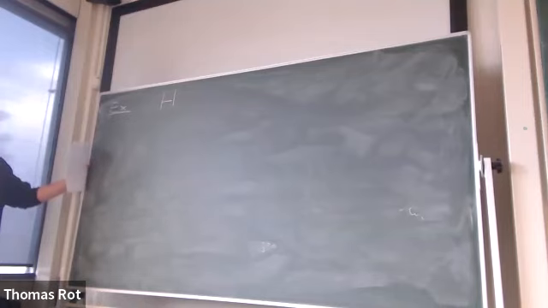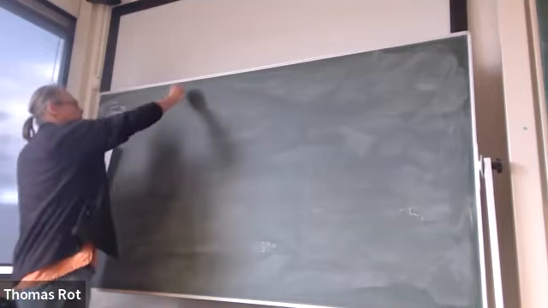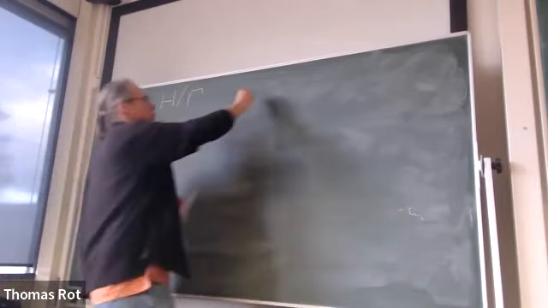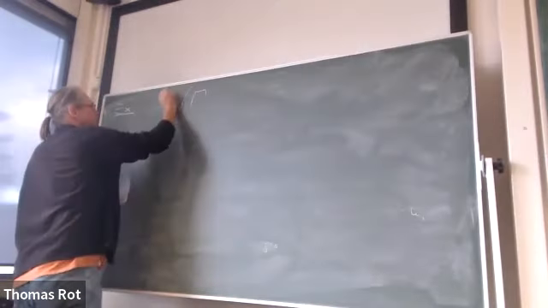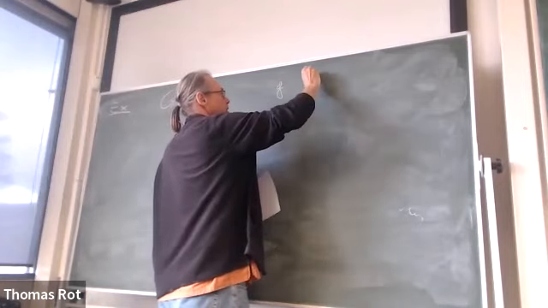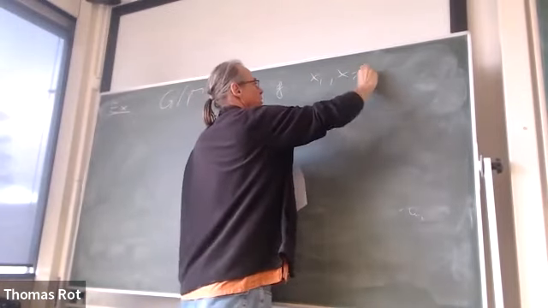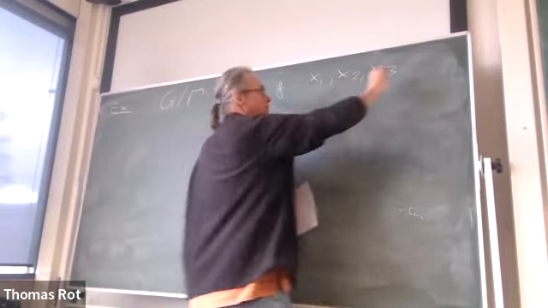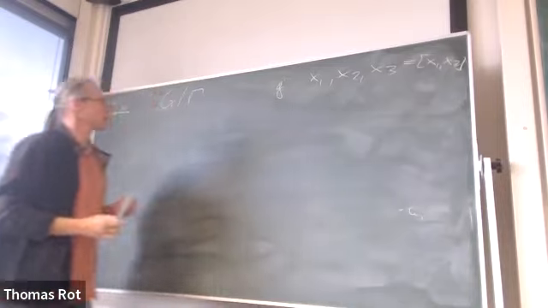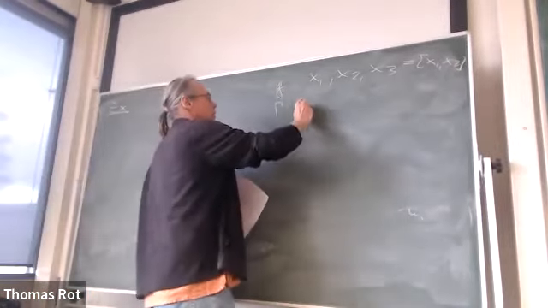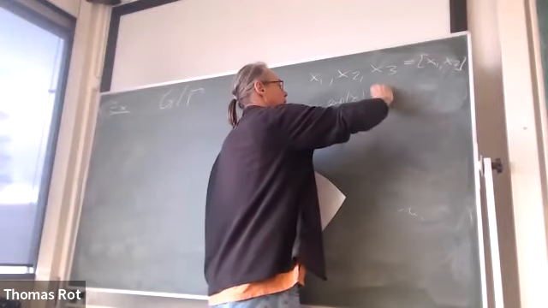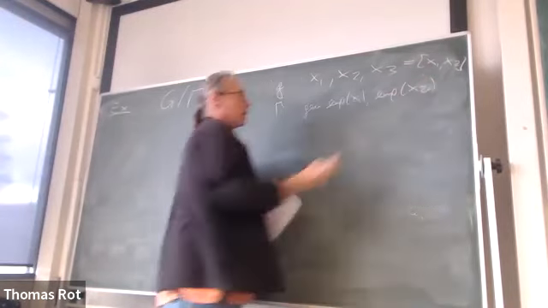You take the simply connected Lie group integrating that, and you mod out by the lattice Gamma generated by x1 and x2.